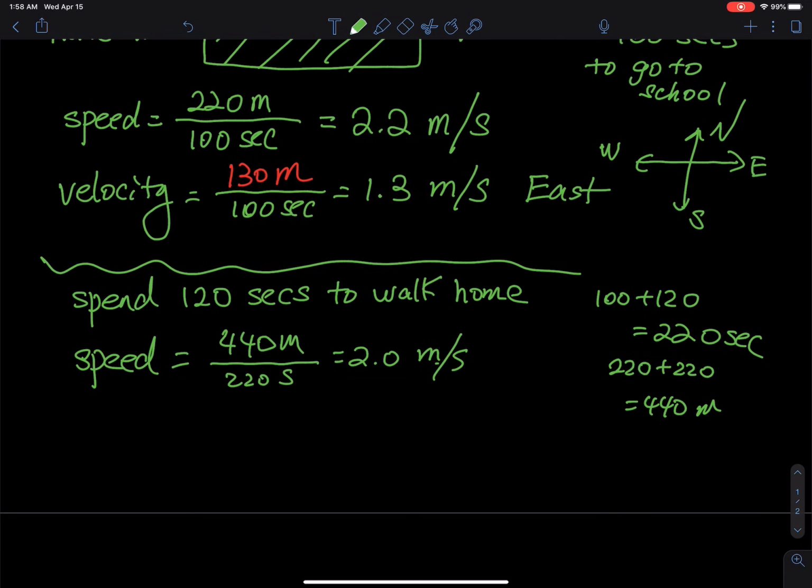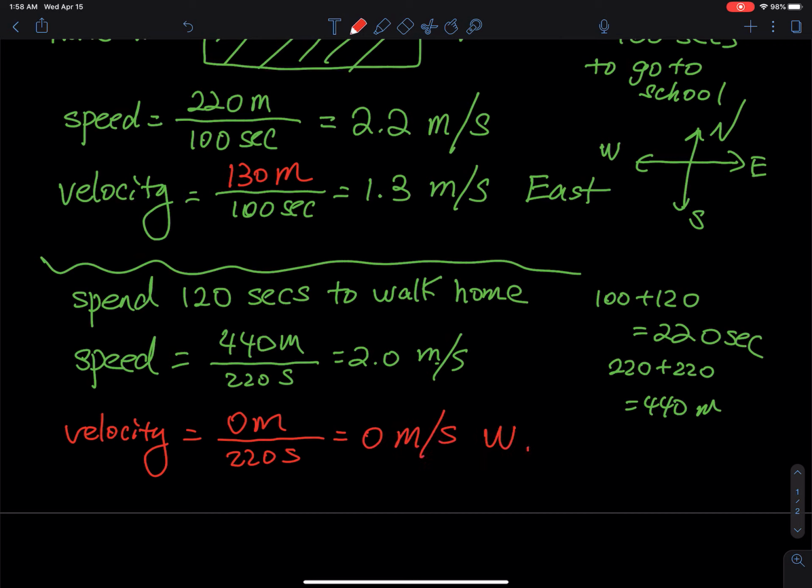That is my speed. What about my velocity? This is very interesting. The velocity, actually, let me use red. My velocity at this moment is equal to 0 meters divided by 220 seconds. What is that equal to? That is equal to 0 meters per second.